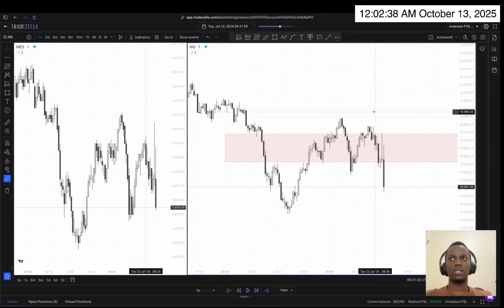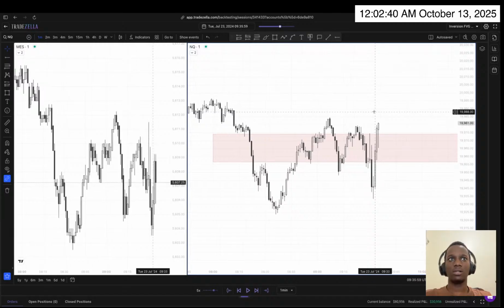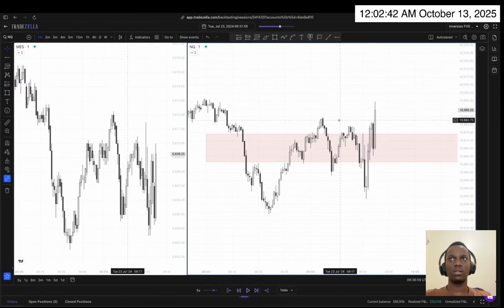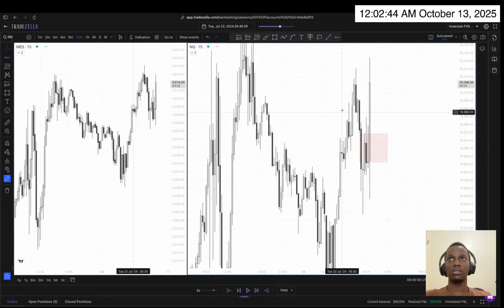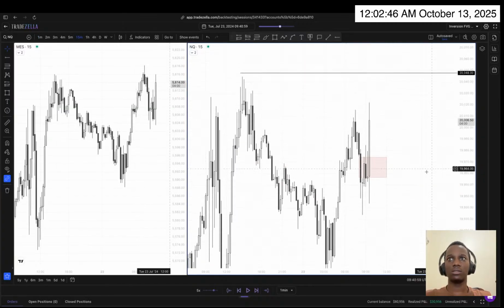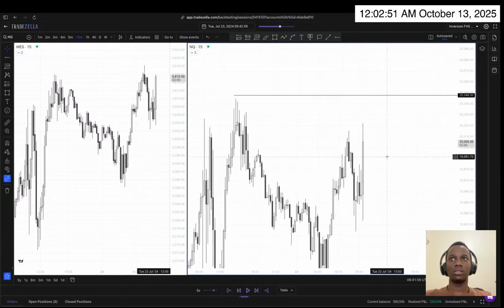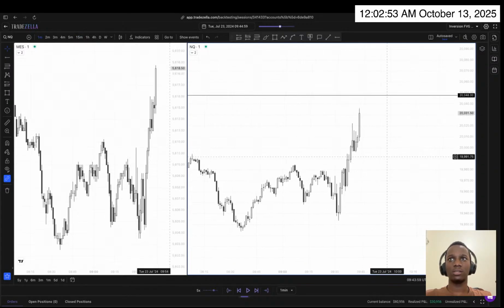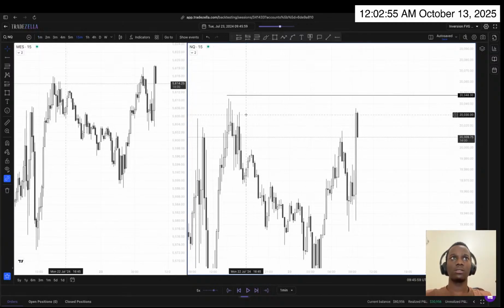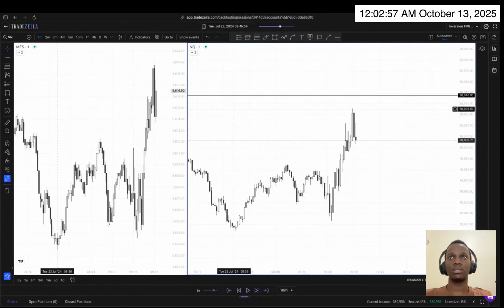The market opens. SMT there. On the high as well.